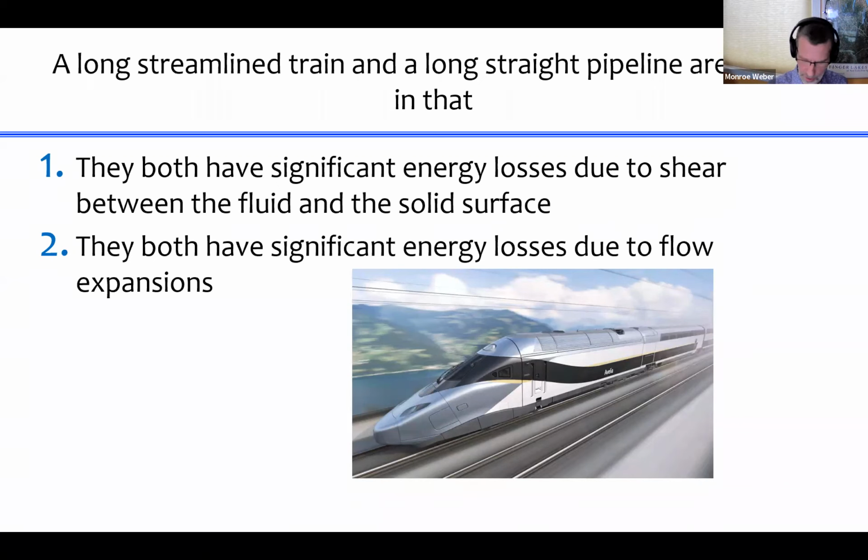And it takes a long pipeline and a long streamlined train for those losses to become significant. A tractor trailer doesn't cut it. A tractor trailer, the big losses are the huge wake behind the tractor trailer. But if you had streamlined tractor trailers, actually the bottom geometry of tractor trailers is awful. But this train is a nice indication of there's a long streamlined surface.